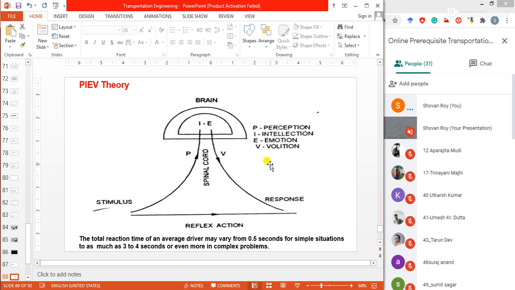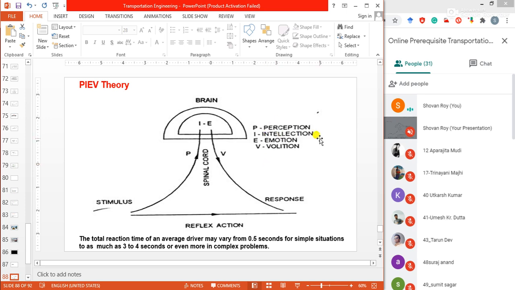In other words, it is the time required to perceive an object or situation.